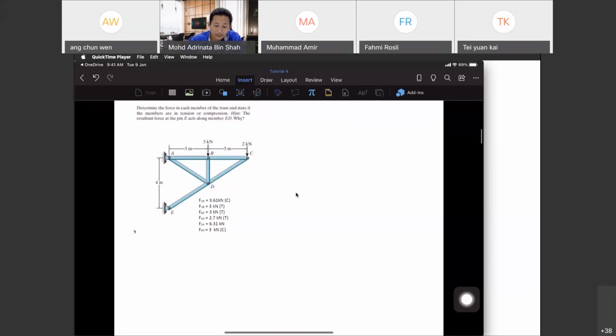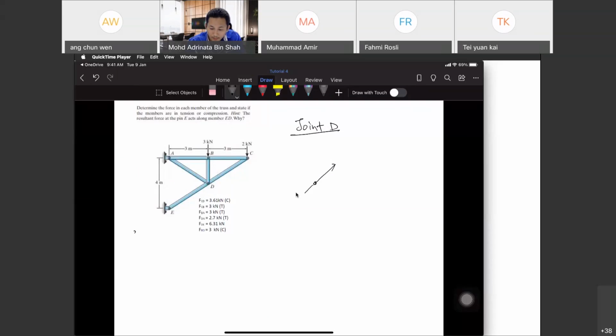Okay, so kita nak tengok dekat point D, joint D. So kita tengok dekat joint D, kita ada DC, kita ada DE, kita ada DB, dan kita ada DA.